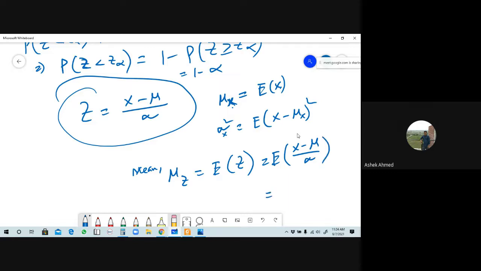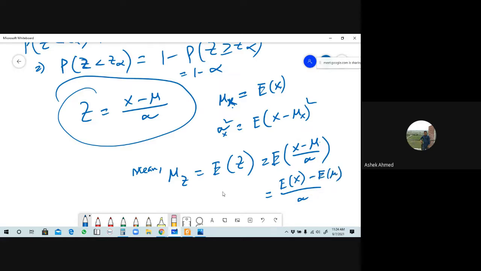Okay, in that case mu and sigma are constants, so you have to operate expectation on every variable here. The expectation is on the numerator, since sigma is constant it will remain, so that will be the expectation of x minus the expectation of mu.